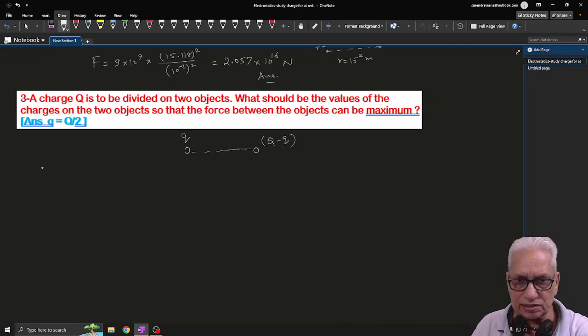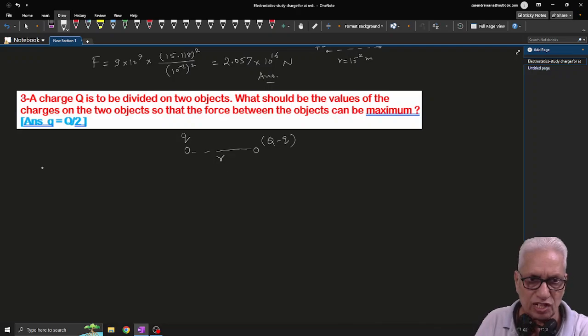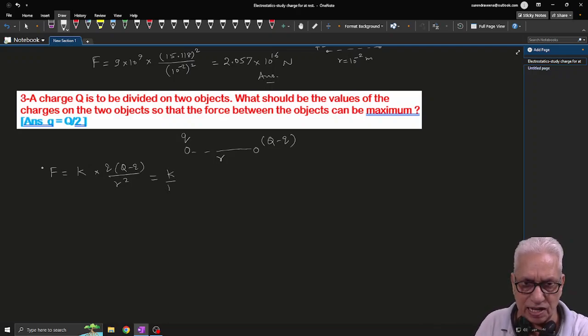So these are the charges q and Q minus q at a distance of R. Then the force between them is given by K Q1 Q2, that is q and Q minus q, upon R square. So we can write K upon R square multiplied by q times Q minus q.